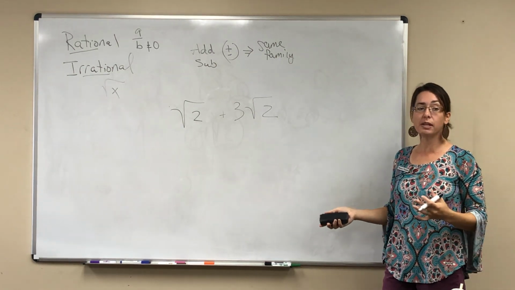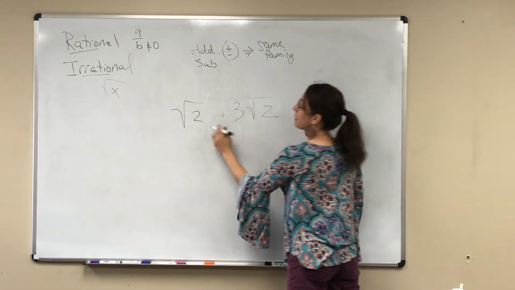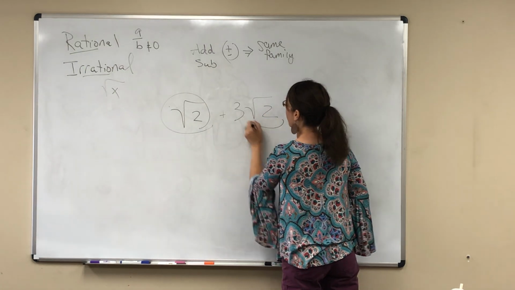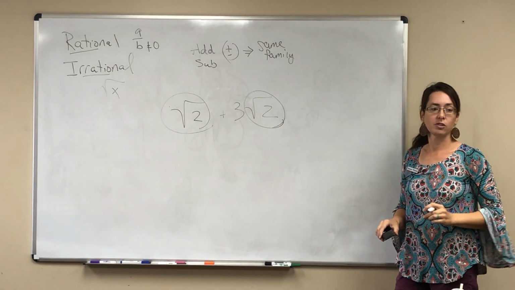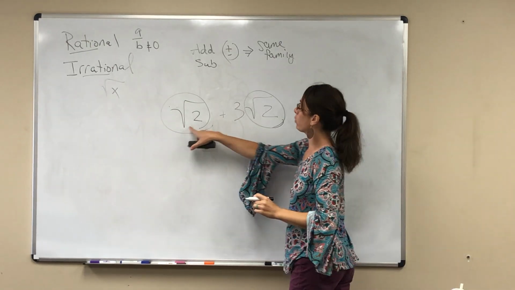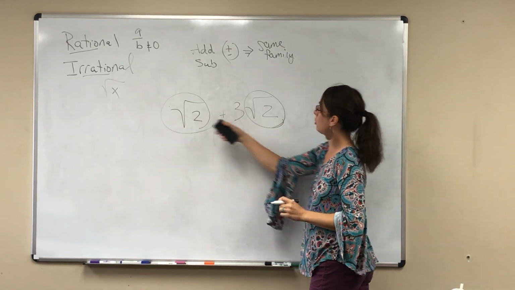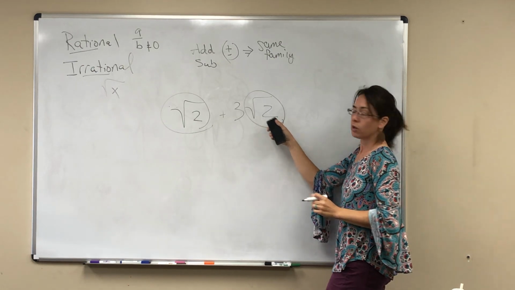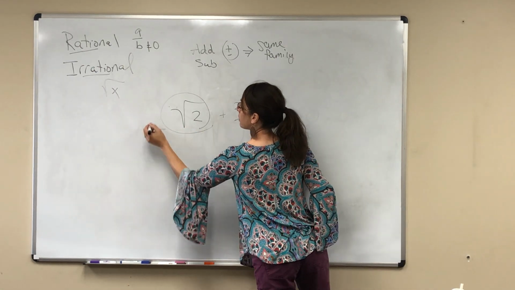So what does our family look like now? Our family now looks like our root. So when the roots are the same, square root of 2, square root of 2, we can add the coefficients.